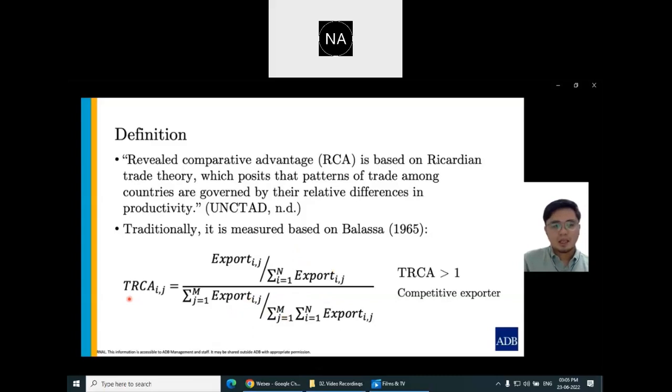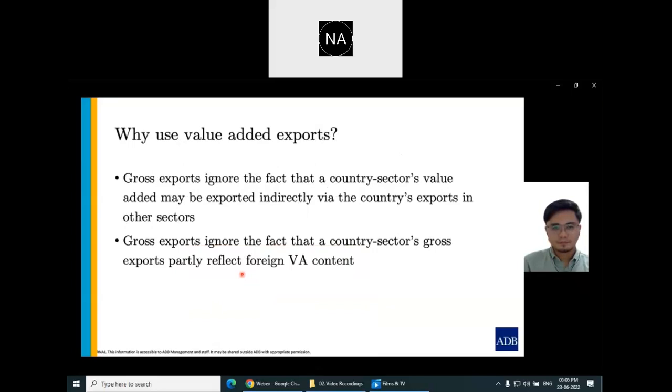So we just get the ratio of the two shares and we will get the traditional RCA index. Now, an economy is said to be a competitive exporter in sector i if TRCA for sector i is greater than 1. So these are the shares that you need to calculate in order for you to compute for the TRCA index.